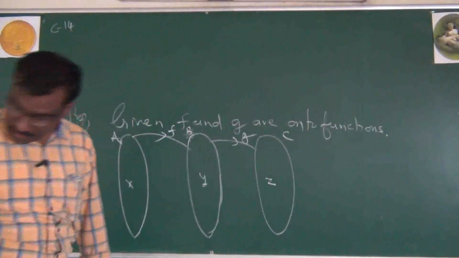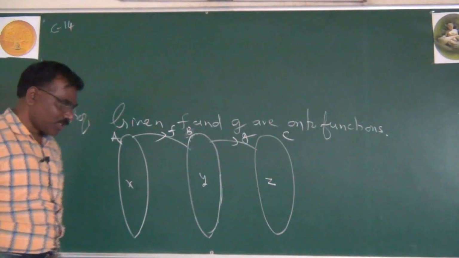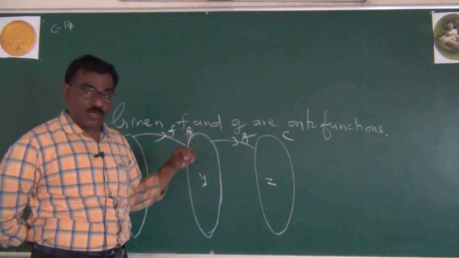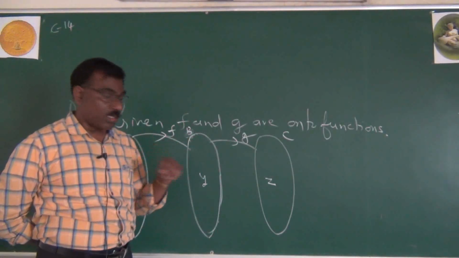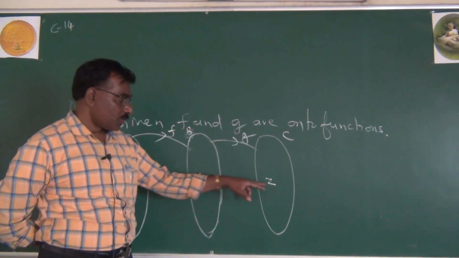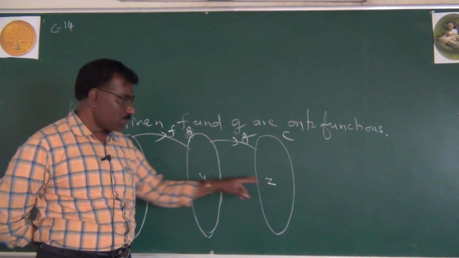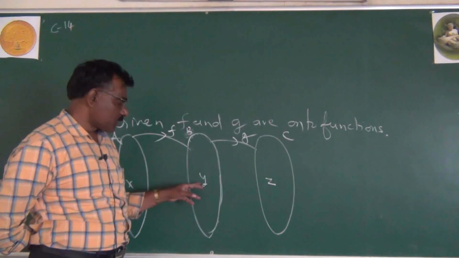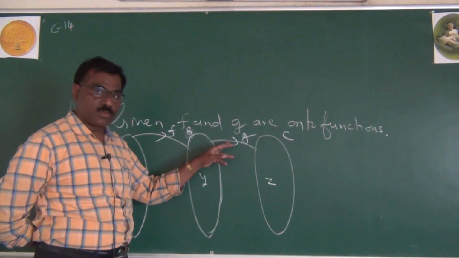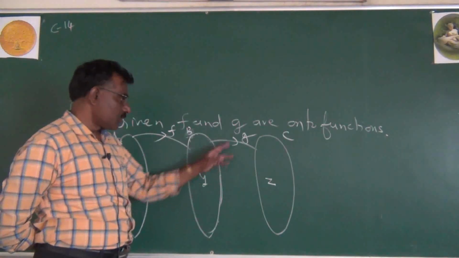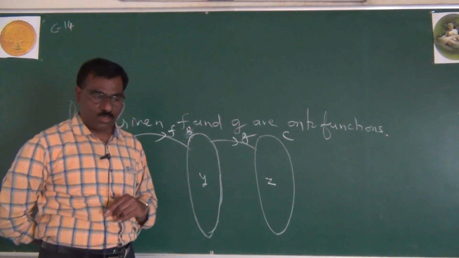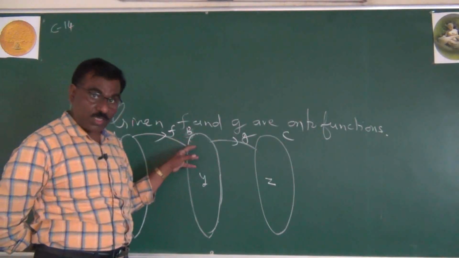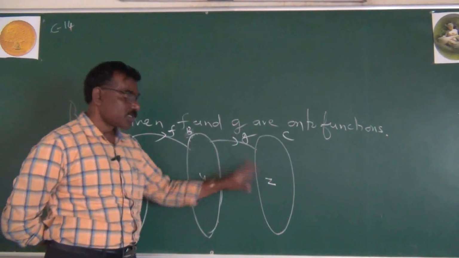So how to prove that? Very simple, I am explaining. g is onto, and f and g are both onto. Since g is onto, for every z belonging to C there exists y belonging to B such that g of y is z.